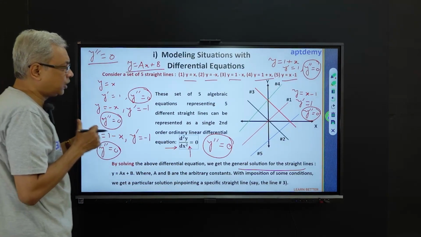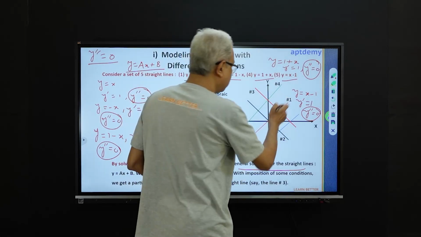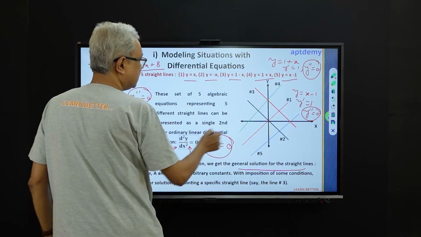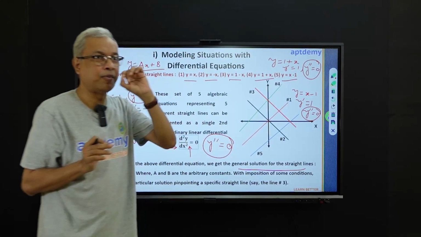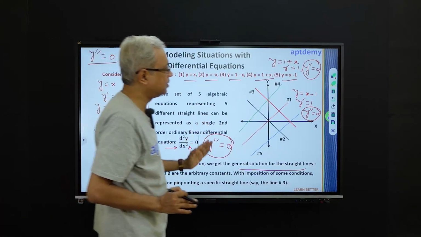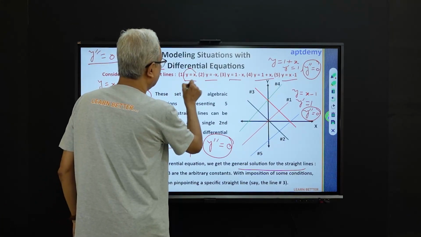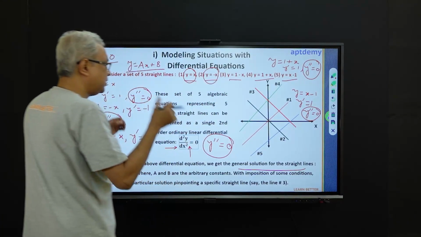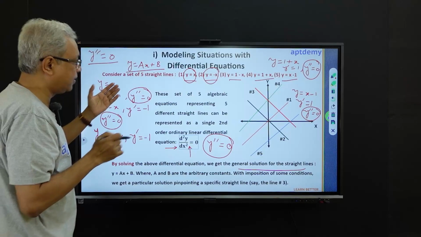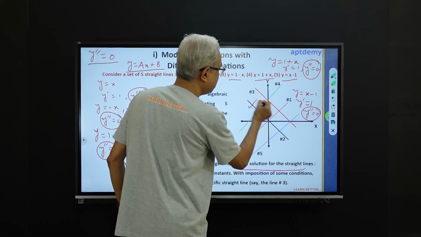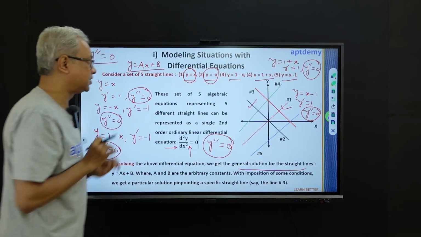With imposition of some conditions, say for the first one, if we say that my desired straight line is passing through the origin, then we may get either of this or that. With imposition of another condition, I can pinpoint which straight line we are interested in.